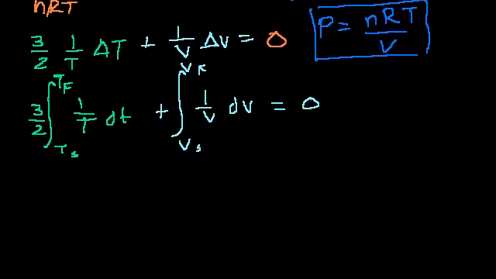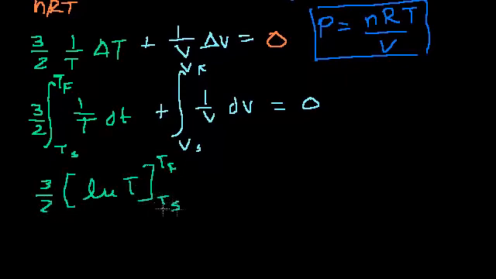The antiderivative of 1 over T is the natural log of T. So this is equal to 3 halves times the natural log of T, evaluated at the final temperature and then the starting temperature, plus the antiderivative of 1 over V, which is just the natural log of V, evaluated from our final volume, and we're going to subtract out the starting volume.